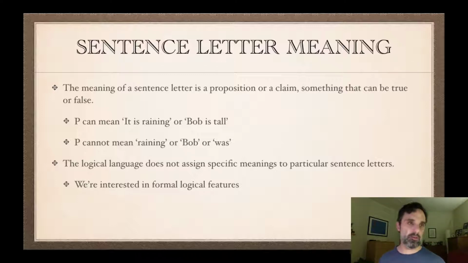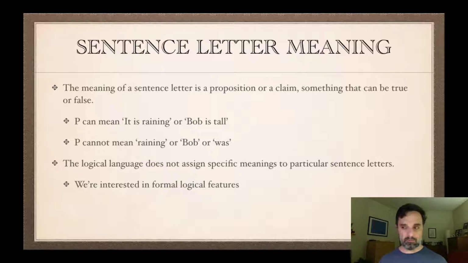Basically, the point is, if you think back to the first lecture talking about the topics, we had this argument: every Spot is a dog, every dog is a mammal, therefore Spot is a mammal. And we saw that the validity of that argument didn't depend upon the meanings of Spot and dog and mammal, upon what they meant in particular.